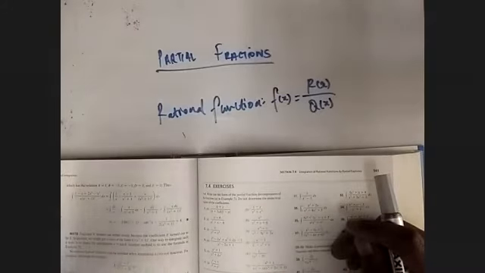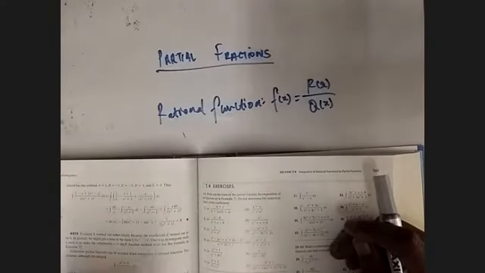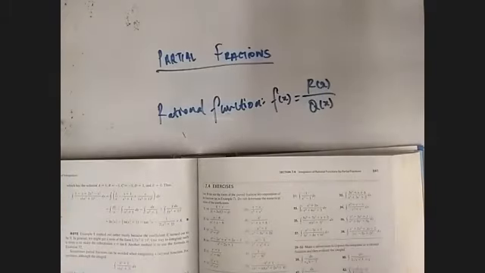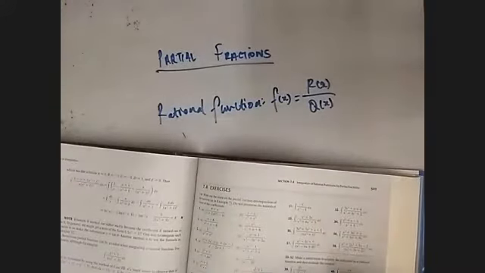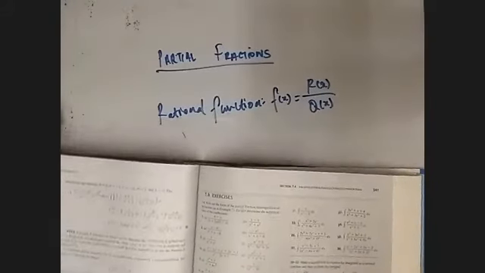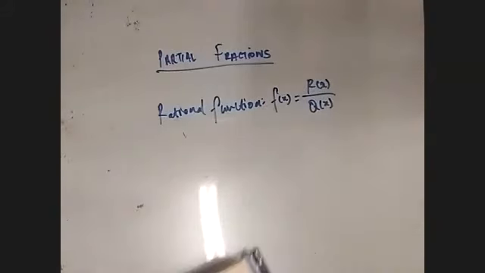So the first question says, write out the form of the partial fraction decomposition of the function. Do not determine the numerical values of the coefficients. This question is English. I don't like such questions. So this question and these rules govern four most important cases of partial fractions, okay?